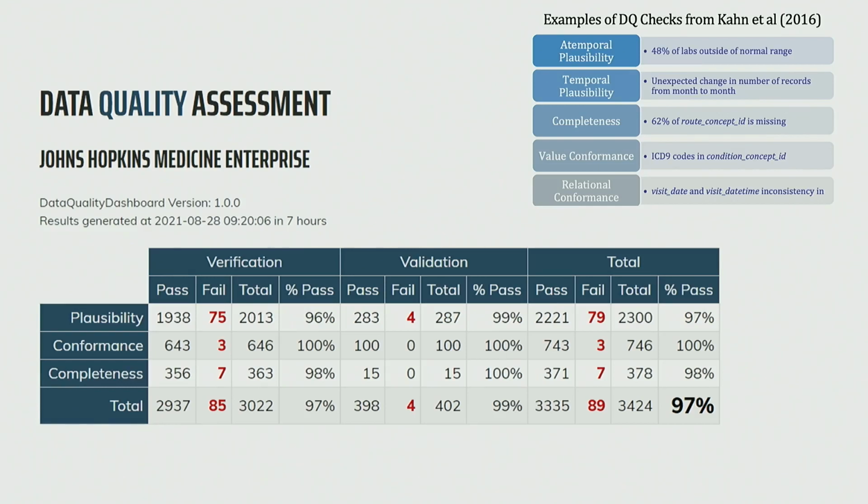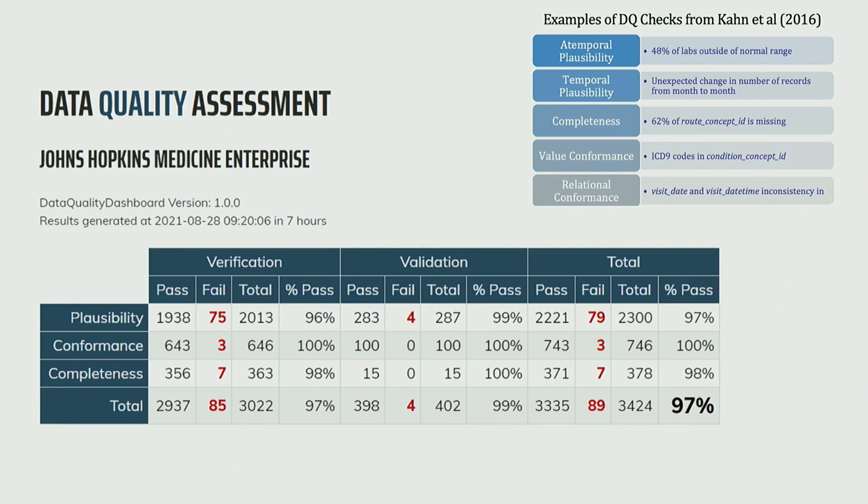So I was 16 years at Johns Hopkins, so I borrowed this slide from Paul Nagy, who you may know. This is the data quality dashboard. Again, free, downloadable from GitHub. Don't be scared. You point this at your electronic medical records, and it runs the Kahn et al. data quality checks.